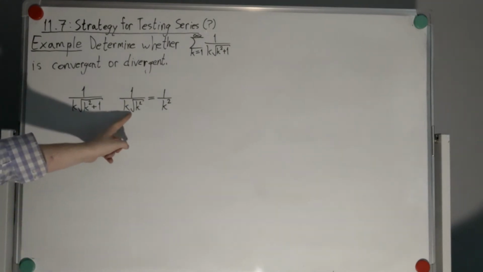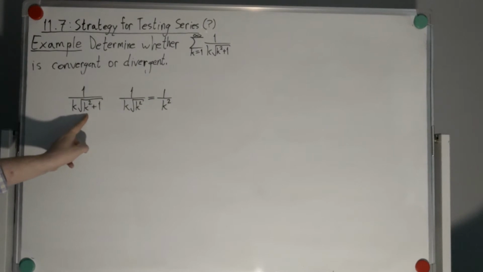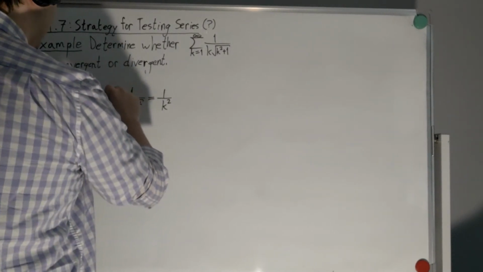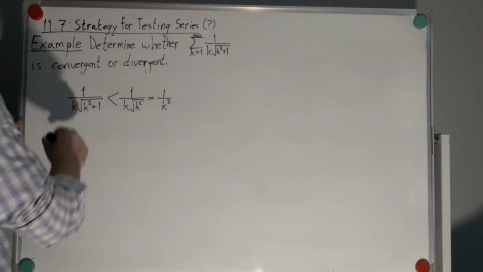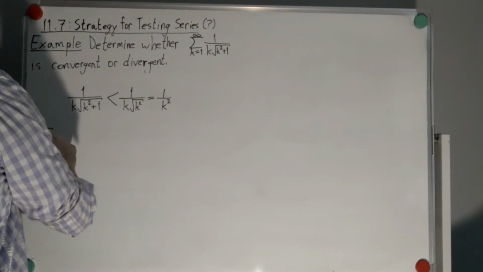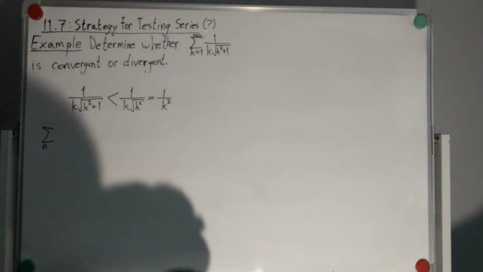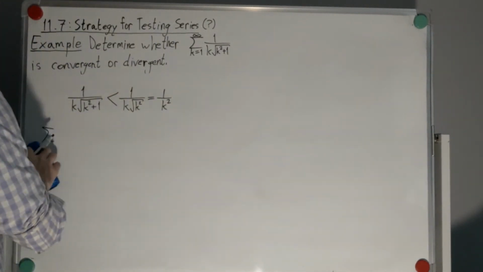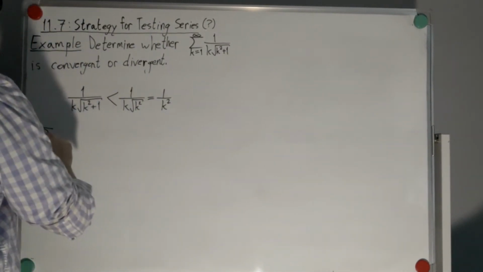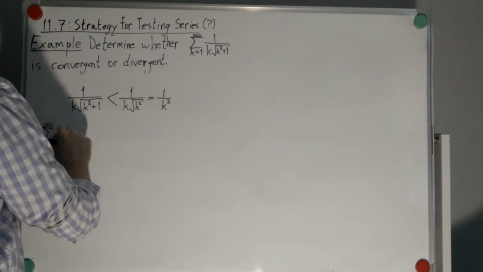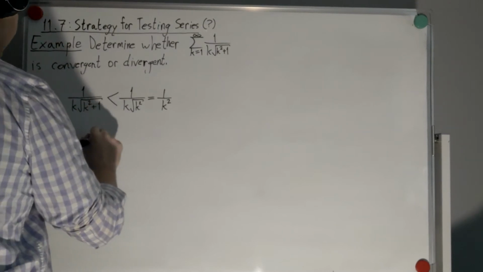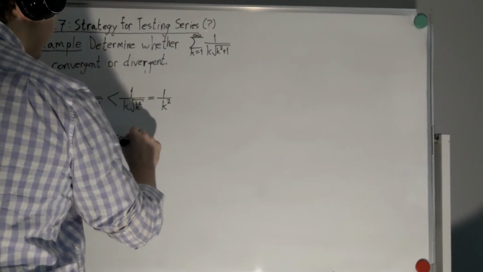Now this denominator is smaller than this denominator, which means that this is a larger fraction. Now then, the sum from k equals 1 to infinity of 1 over k squared is a convergent p-series.